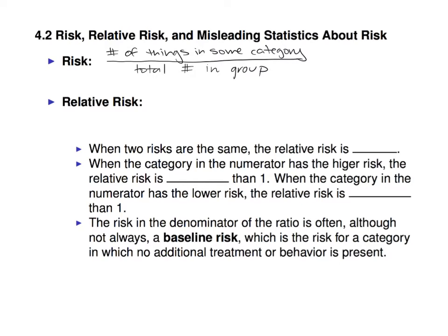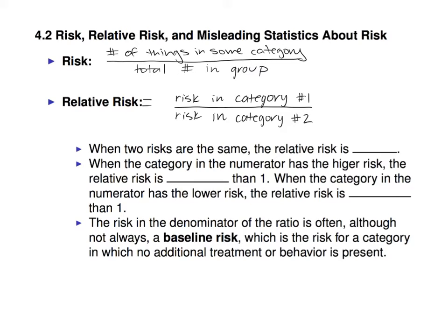And the relative risk compares one risk to another, and this is equal to the risk in category 1 divided by the risk in category number 2. Now, let's just talk about a couple things related to relative risk.